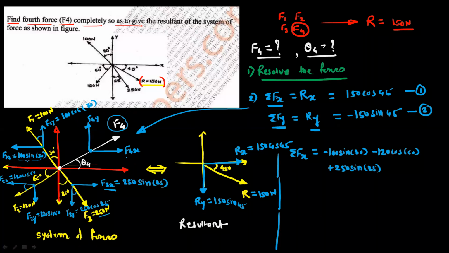And the unknown force F4x is on the positive x side, so plus F4x. Summation Fx is nothing but this value, so we can equate this complete equation to 150 cos 45. Then calculate the value of F4x. You will get some answer for F4x.